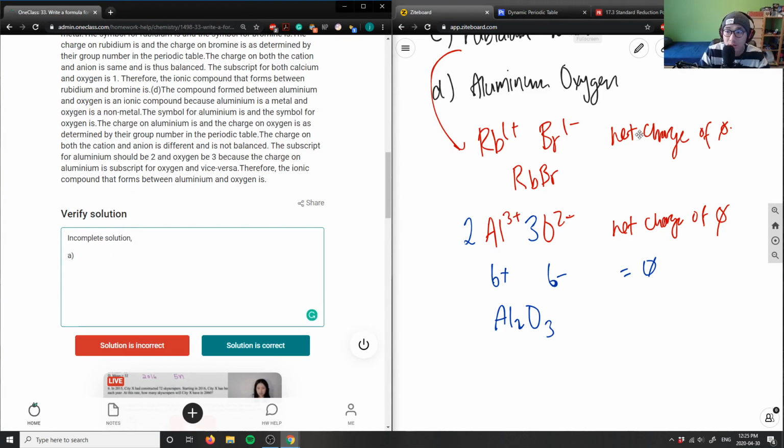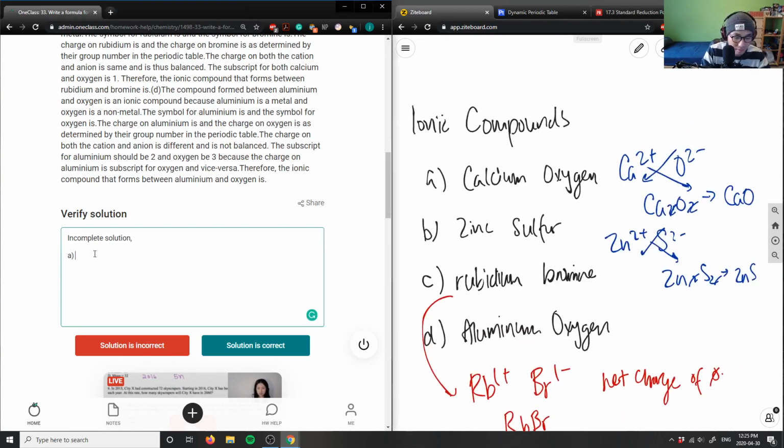So A was calcium and oxygen make calcium oxide. So CaO. B is zinc and sulfur make zinc sulfide. This is ZnS.